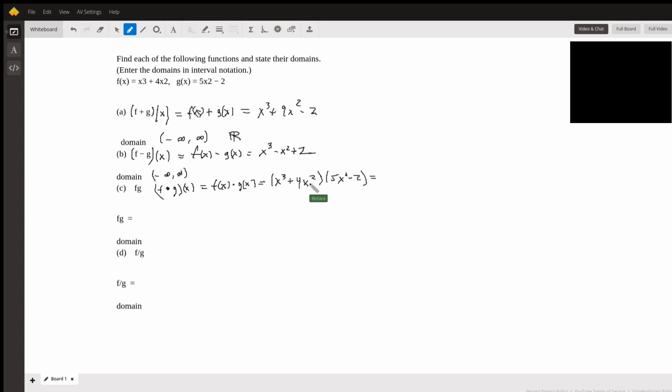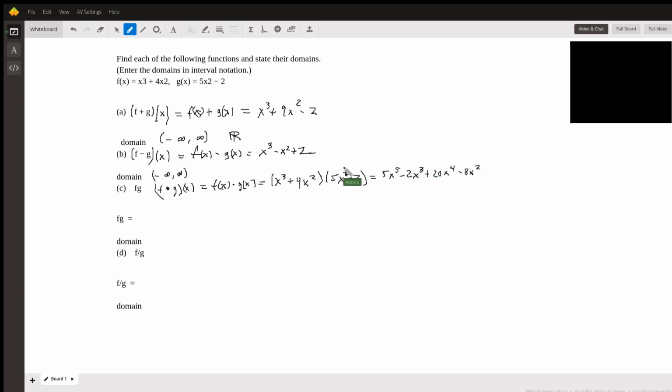Okay, so I'll distribute the x cubed first. This is going to be 5x to the 5th minus 2x cubed. And I'll distribute the 4x squared, so it's going to give me 20x to the 4th plus minus 8x squared.